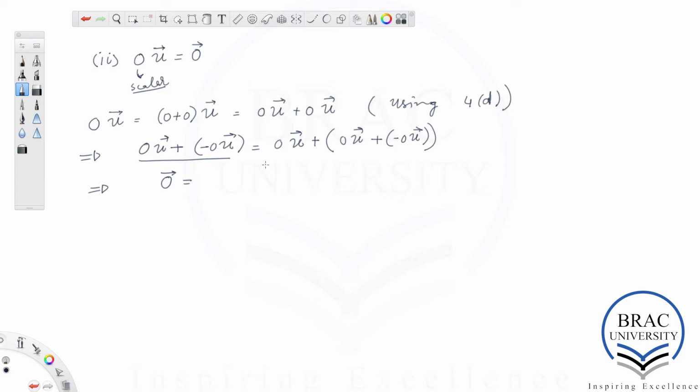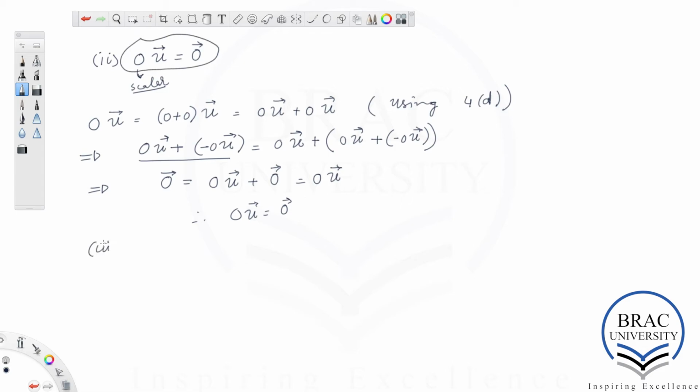And on the right side, I have 0 times u plus the zero vector, which is 0 times u, right? Therefore, we get 0 times u is the zero vector. So this is how we see how this holds.